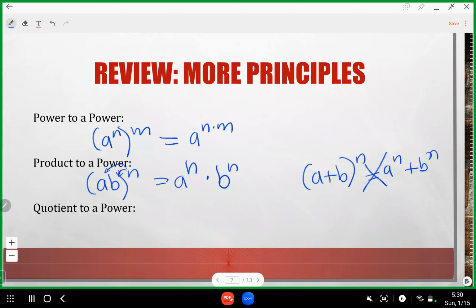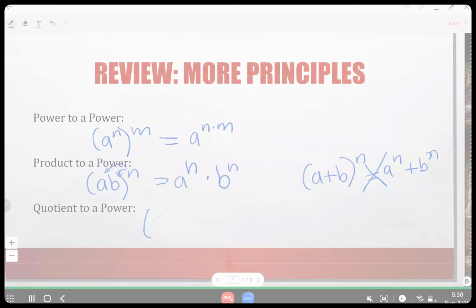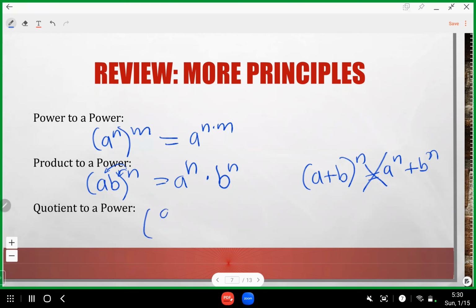Okay, now quotient to a power. We didn't have this last time, but I thought it's pretty similar to product to a power anyway. So something like this, right? Quotient to a power. What would this equal? It's very similar.